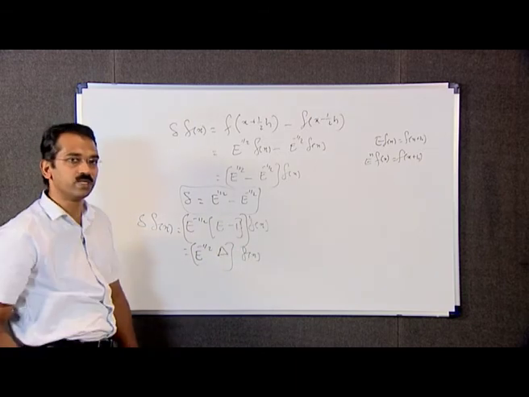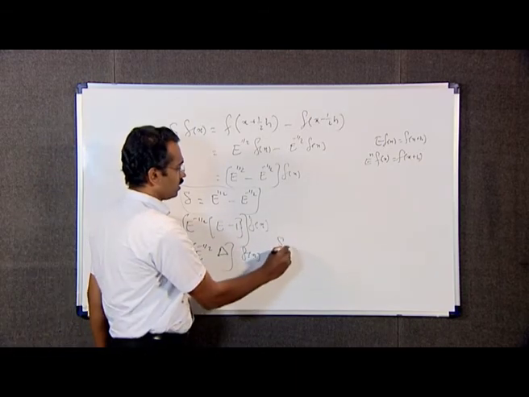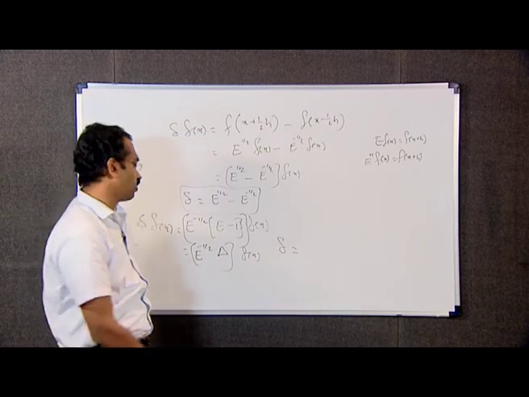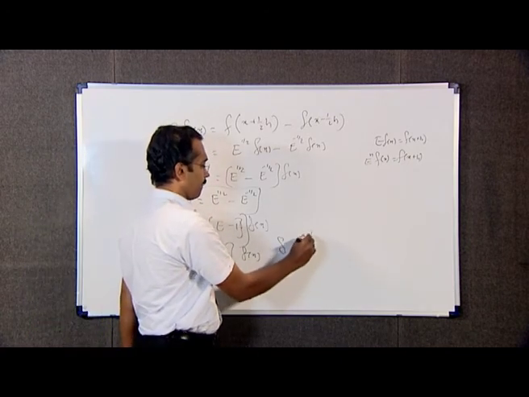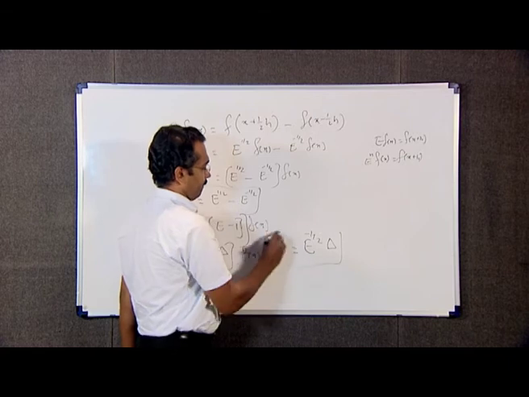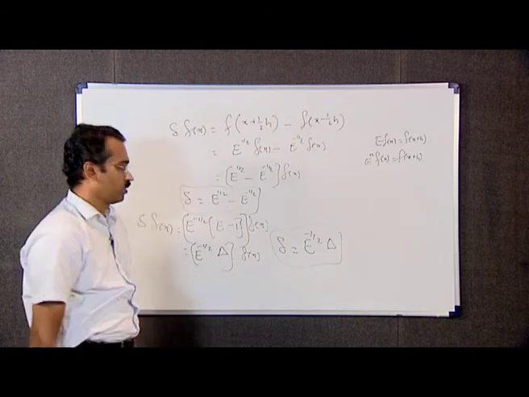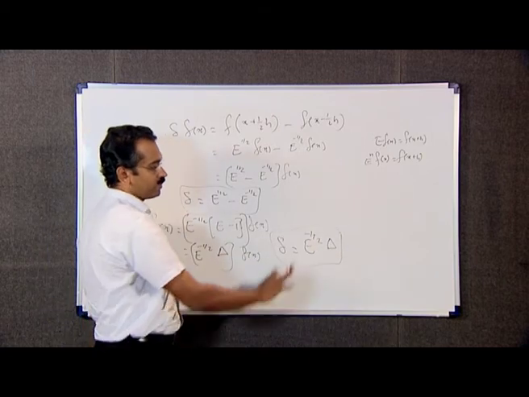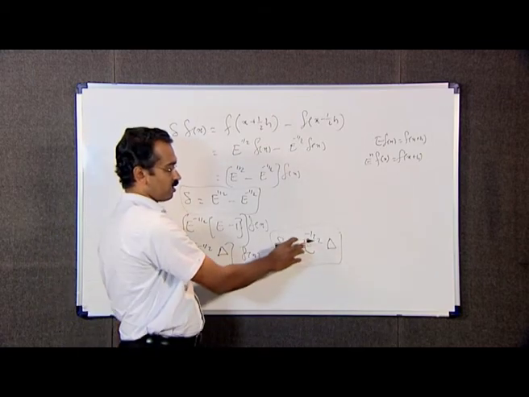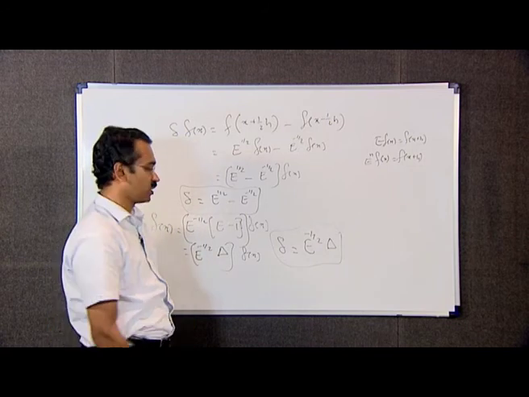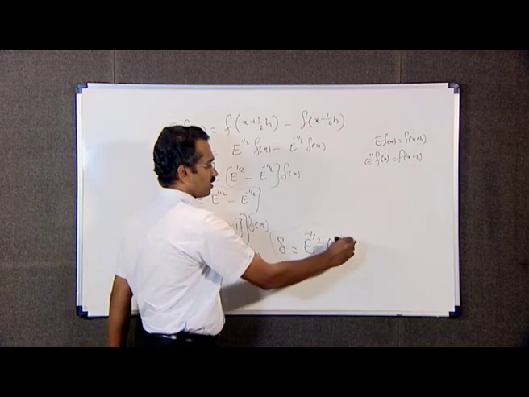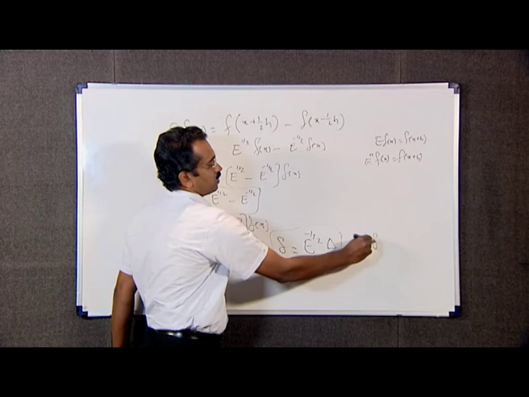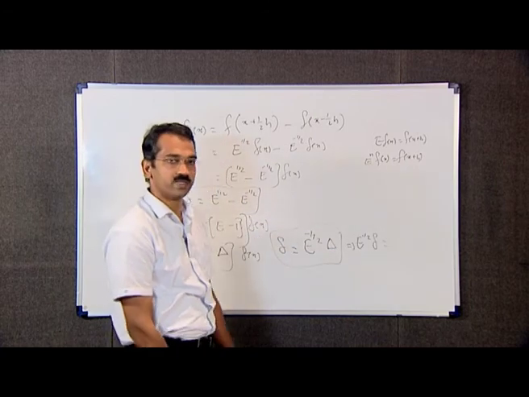Hence, we obtain the identity del is equal to e raised to minus 1 by 2 delta. Or if we operate both sides by e raised to 1 by 2, we can write this as e raised to 1 by 2 del is equal to delta.